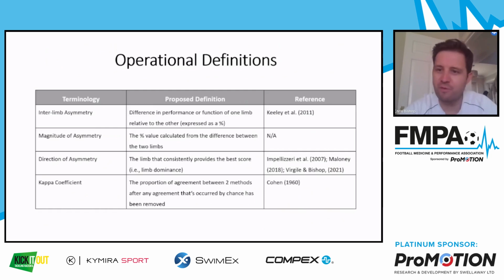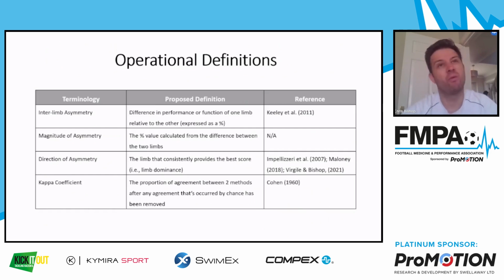And whilst I don't want this to be a stats presentation, the reason I thought I would include it is because this is the statistical method we've used a number of times in the past to try and quantify the direction of asymmetry. So very simply put, if I have two test sessions, I'm not so much interested in how the magnitude of asymmetry differs using the kappa coefficient.